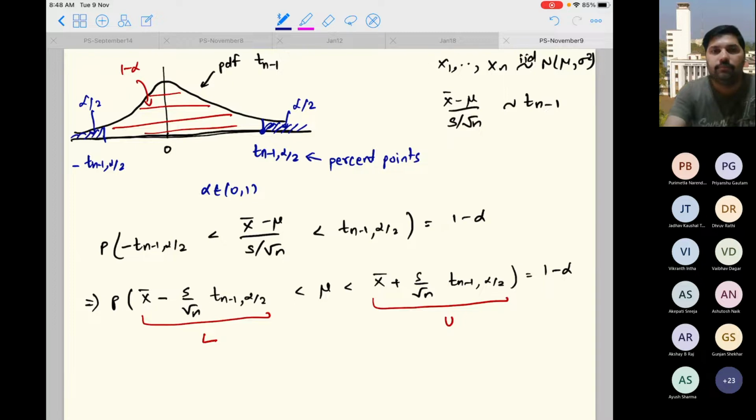Sir, I had a doubt: the estimate of mu is only as good as the estimate for S, right?